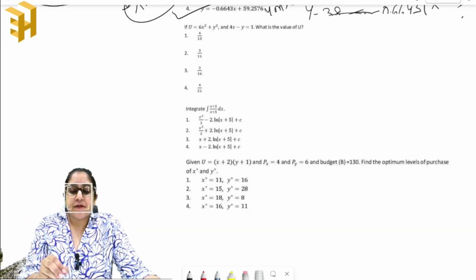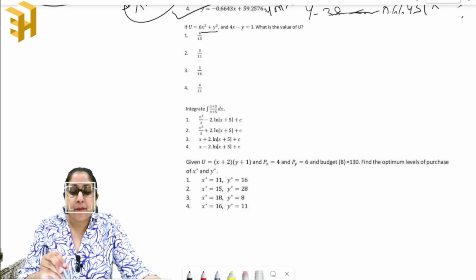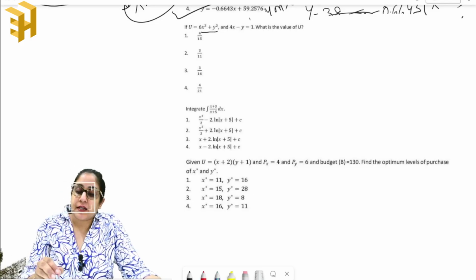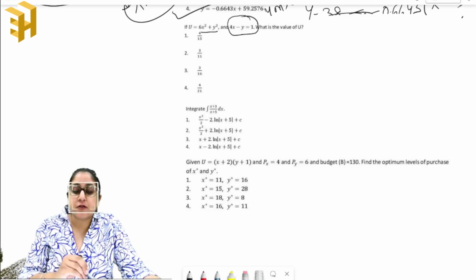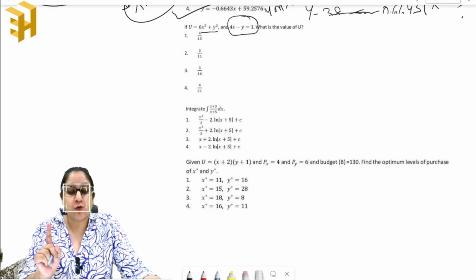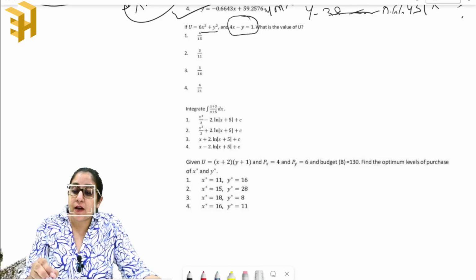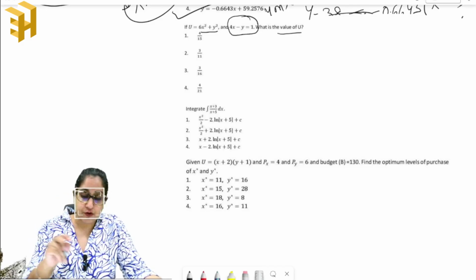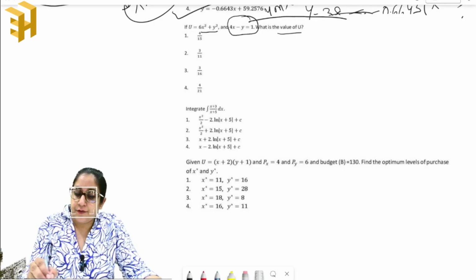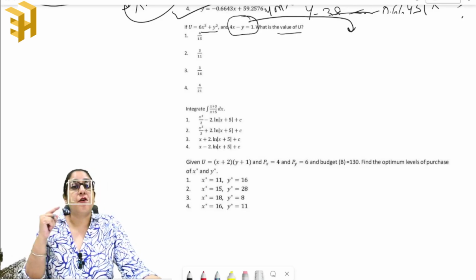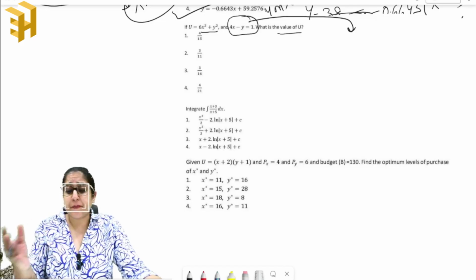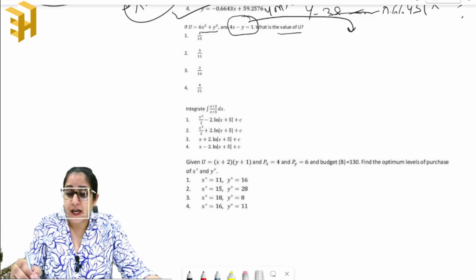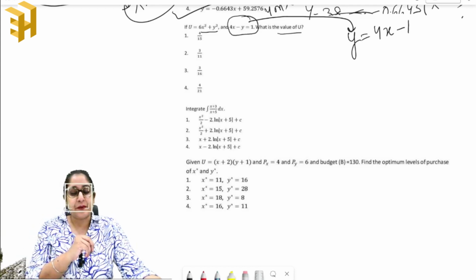If u is given as 6x square plus y square and the equation given to us is 4x minus y is equal to 1, we have to calculate the value of u from it. So the first thing you need to know is that you have to represent one variable in the form of another. The simplest thing we can figure out is that y is equal to 4x minus 1.